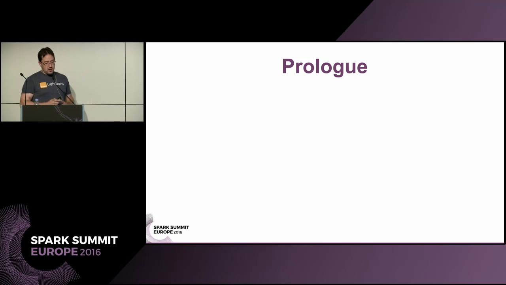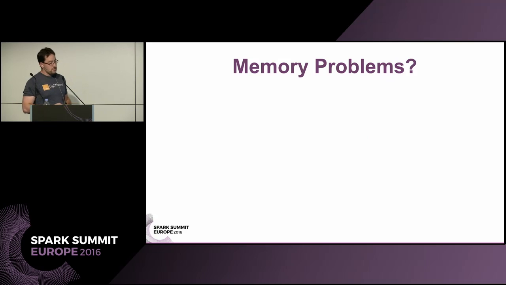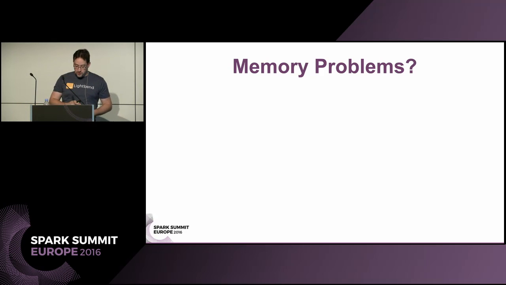But a lot of these recipes come more from my work as a developer support engineer at Lightbend. So all the cases that we get from all of our customers, that's where we found a lot of these recipes. So the first thing is, we have memory problems.